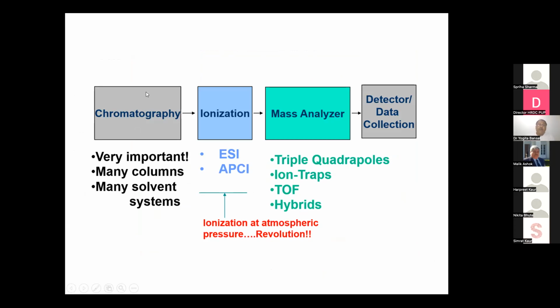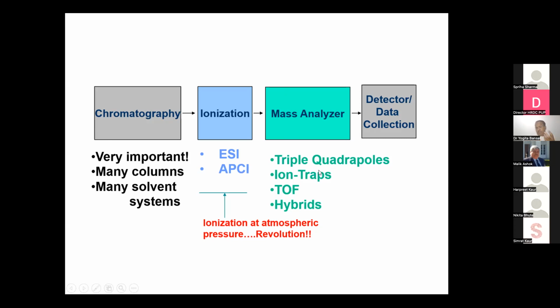The second component of a mass spectrometer is the mass analyzer. This is again a very important component. As I said, the ionization chamber and the mass analyzer are the two most important components, and they define the specificity and sensitivity. Mass analyzers can be simple quadrupole, triple quadrupoles, ion trap, or TOF, or hybrids.